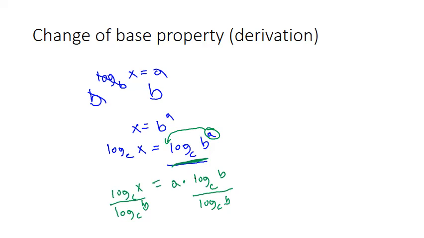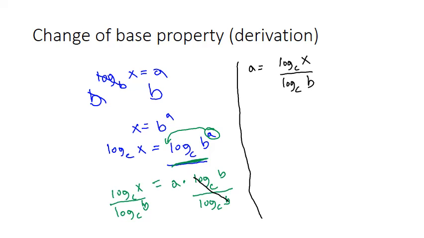Then on the right side, these will cancel out. So let's just rewrite what we have. What we know is that a is equal to log base c of x divided by log base c of b. But when we started everything off, remember we said that log base b of x was a.